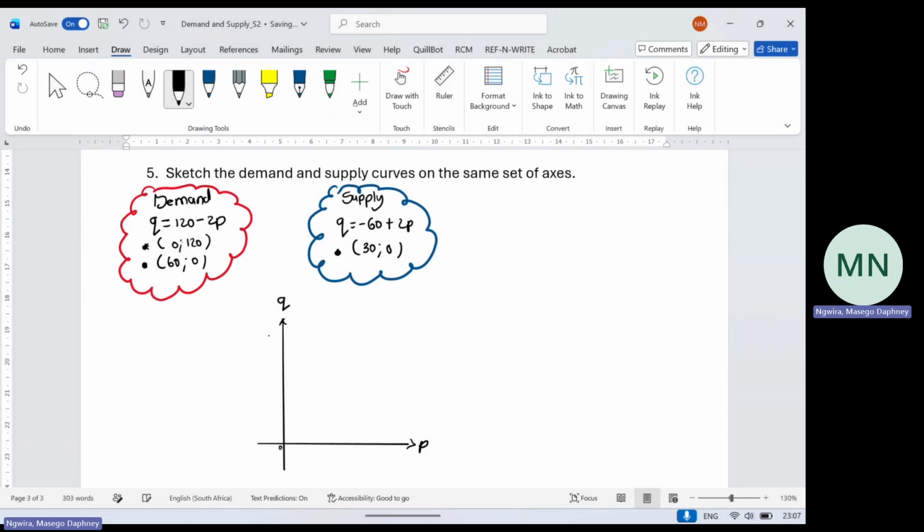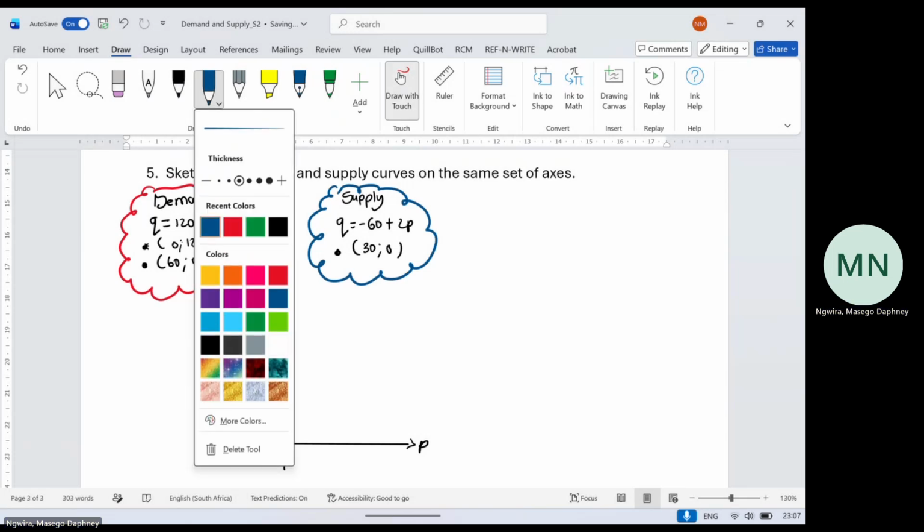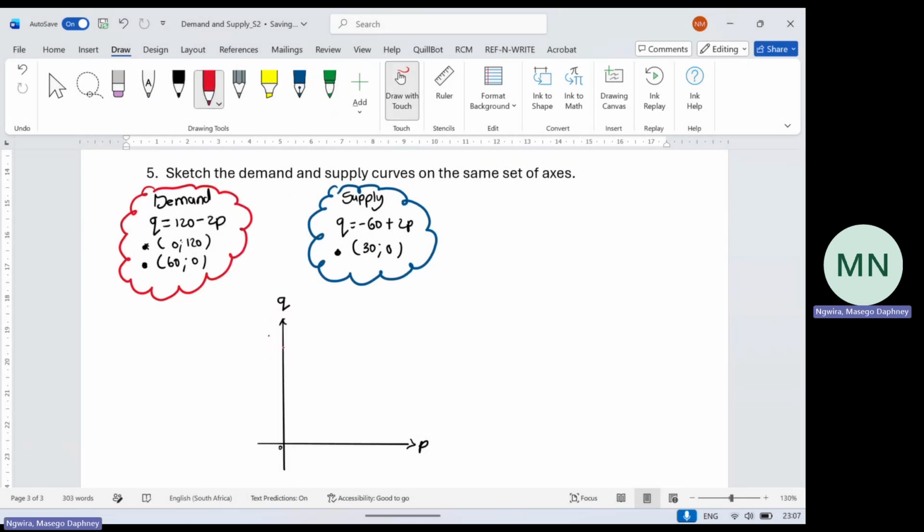So my graph is going to touch the Q here at 120, and then also touch here at 60. So these are the 2 coordinates anyway. And then I draw the graph. This is 0 and 120. This is 60 and 120, by the way. Those are the coordinates. All right.